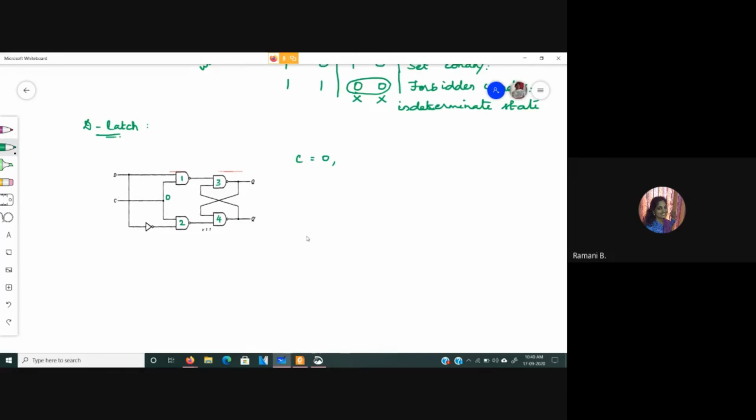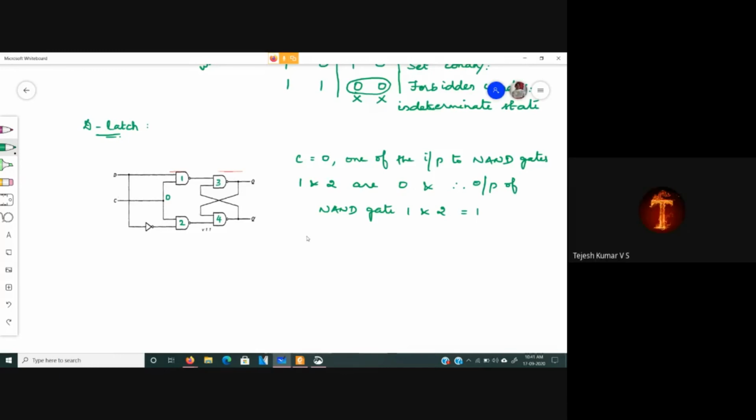So the output of NAND gates 1 and 2 is equal to 1. Correct? Yes, ma'am. So now what happens?